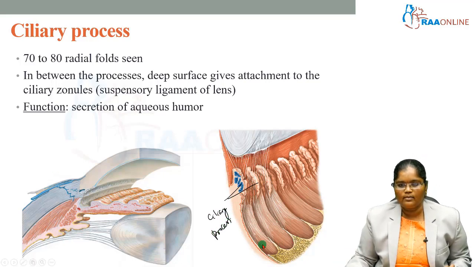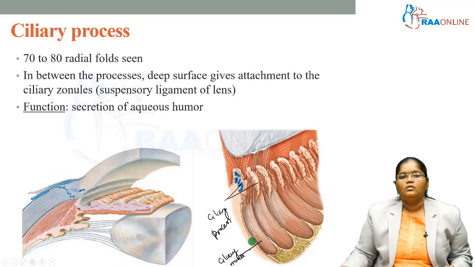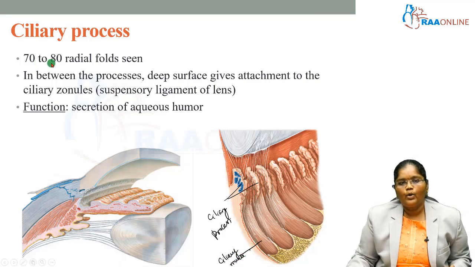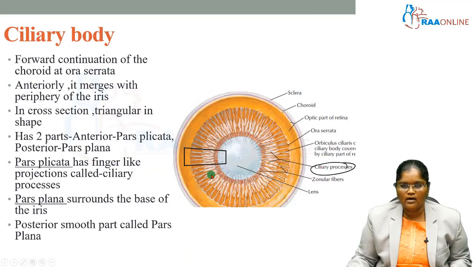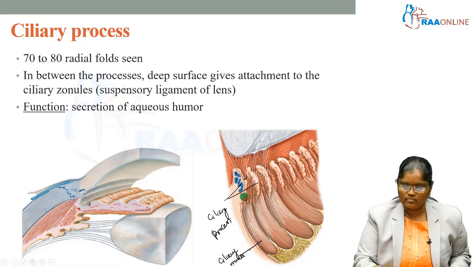This is the ciliary muscle. There are around 70 to 80 radial folds seen. Here you can see around 70 to 80 ciliary processes throughout 360°, and in between the processes there is a deep surface or groove. This is one process.